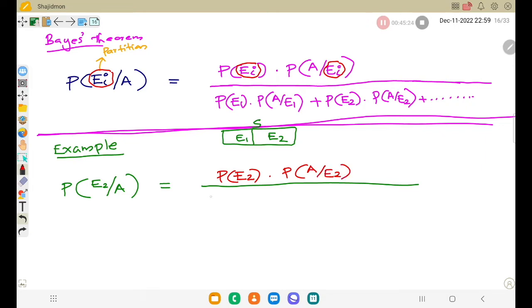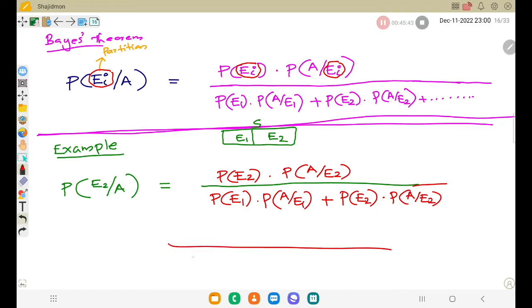Divided by the total probability, which starts from the first partition: the probability of E1 multiplied by the probability of A given E1, plus the second partition, the probability of E2 multiplied by the probability of A given E2. Because here we have only two partitions, we stop here. This is the Bayes theorem with two partitions for the probability of E2 given A, correct? So this is the idea of the Bayes theorem. I hope you understood the idea.